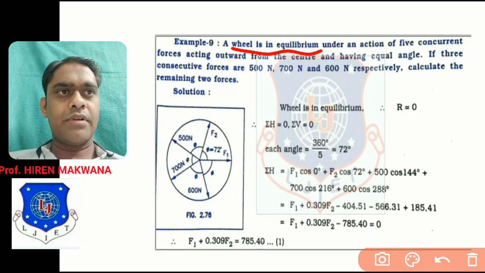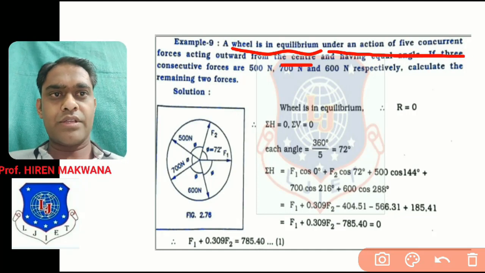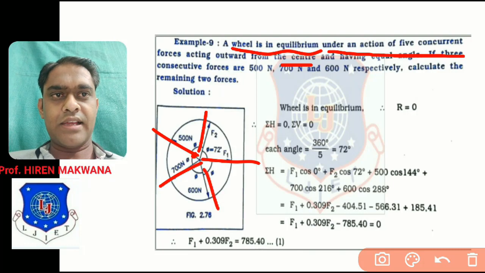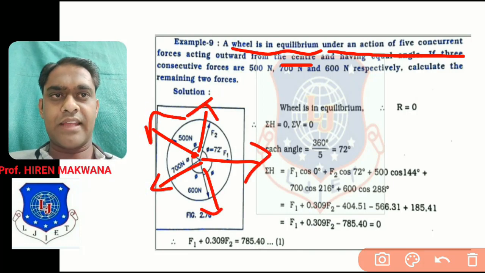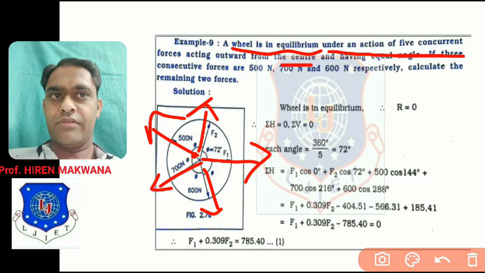The wheel is in equilibrium under the action of 5 concurrent forces acting outward from the center. So this is the wheel, and from the center 5 forces act outwards. So you may get the angle if the circle is divided into 5 parts.